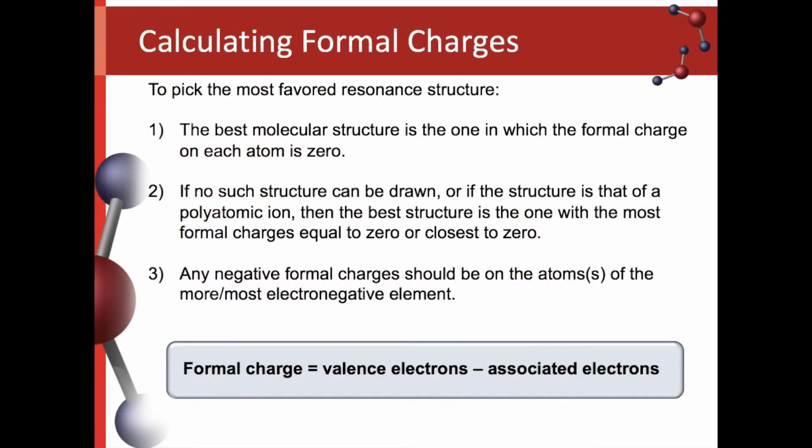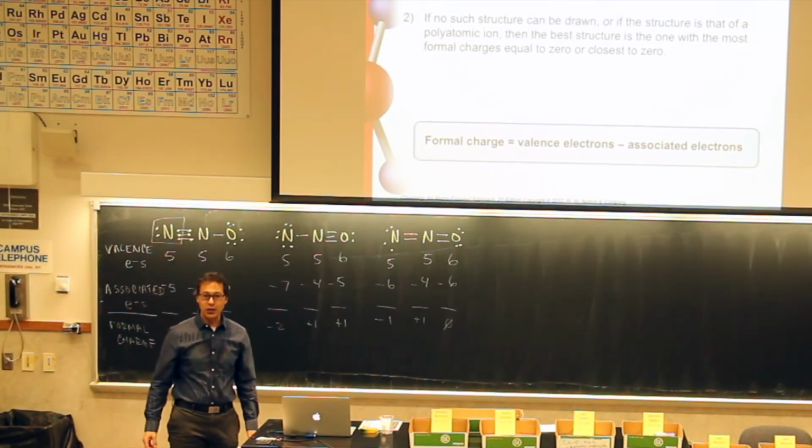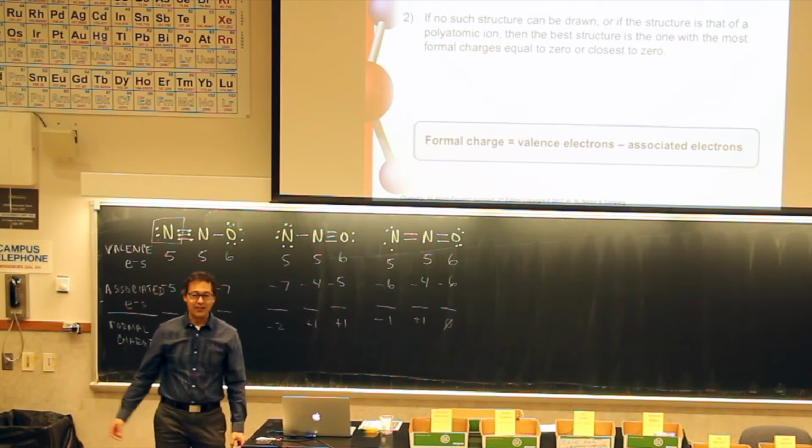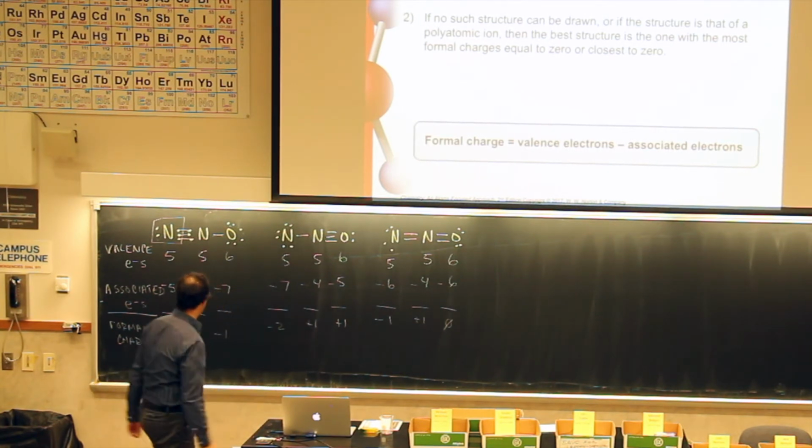If no such structure can be drawn, or if the structure is that of a polyatomic ion, then the best structure is the one with the most formal charges equal to 0 or closest to 0. If it's not all 0, pick the one that's closest to 0.